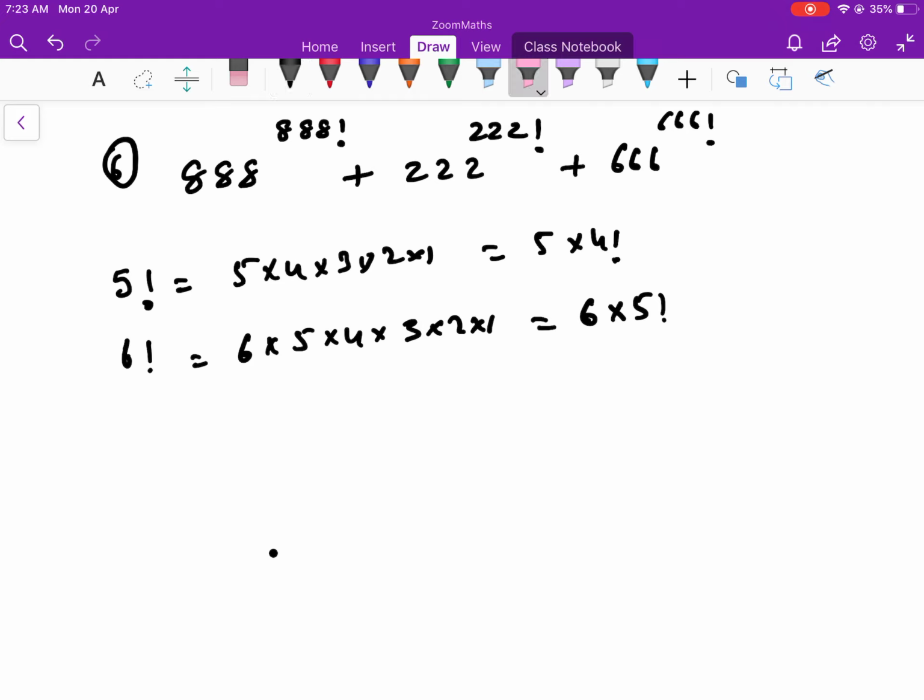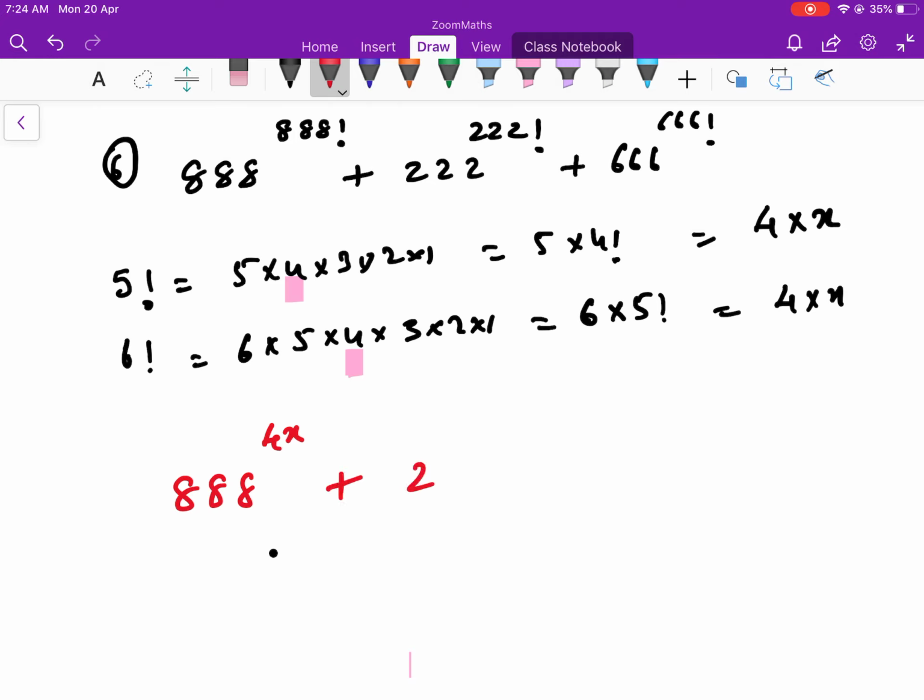So what I'm trying to emphasize over here is, each factorial has got at least one 4. So the entire power becomes in the form of 4 into x, some multiplier. Now any number to the power of 4x, it becomes easy for us to find the unit digit. So this is 888 raised to 4x, some multiplier. Let it be any number. So just take the unit digit 8, so let's say 8 raised to 4x.